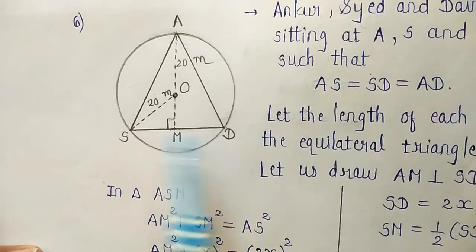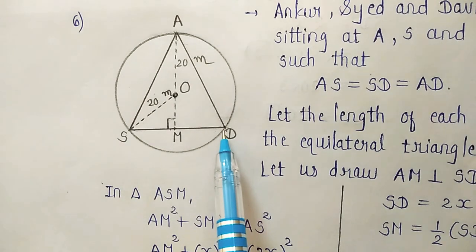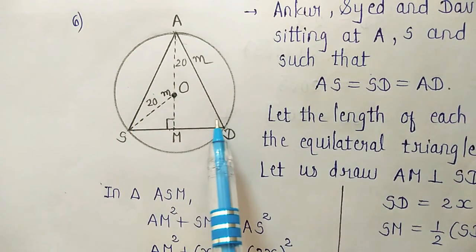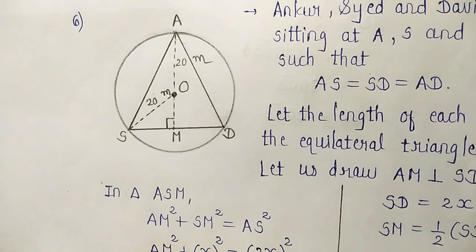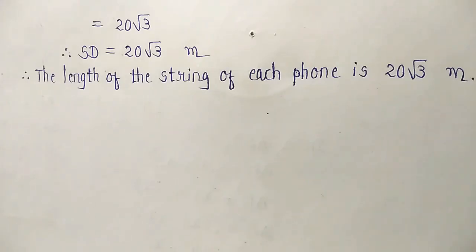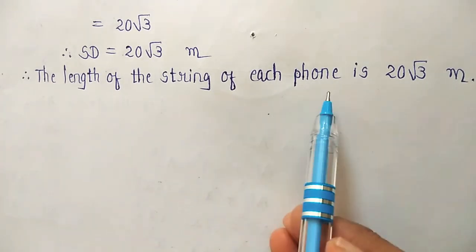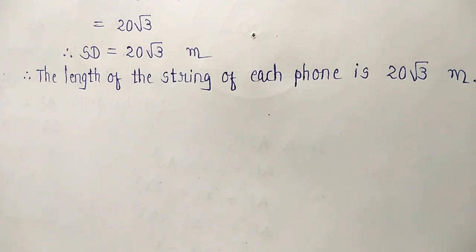This much only will be the length of the phone. SD is 20 root 3, so AS and AD will also be 20 root 3. So the length of string of each phone will be 20 root 3. Answer: therefore the length of the string of each phone is 20 root 3 meter. This is question number 6.